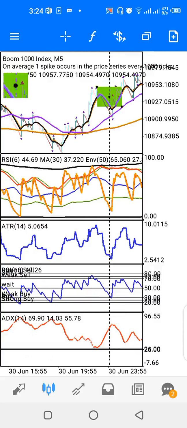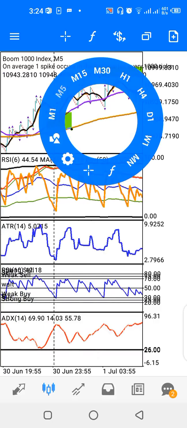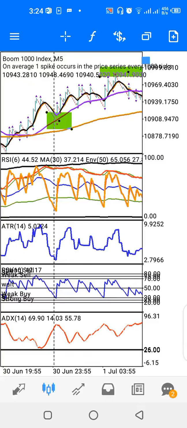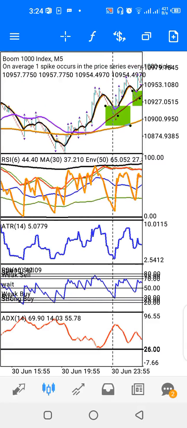At times price will drop and test the purple line and start to bounce. So this particular point may be your best buying point. This particular test area may also be your best buying point. So that's how to use the indicators on the main window.